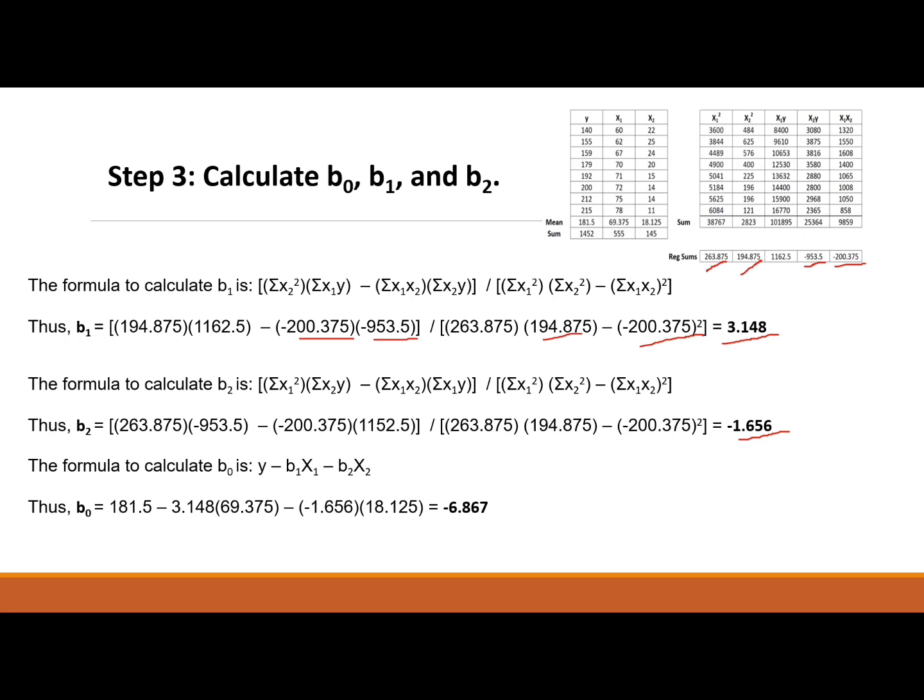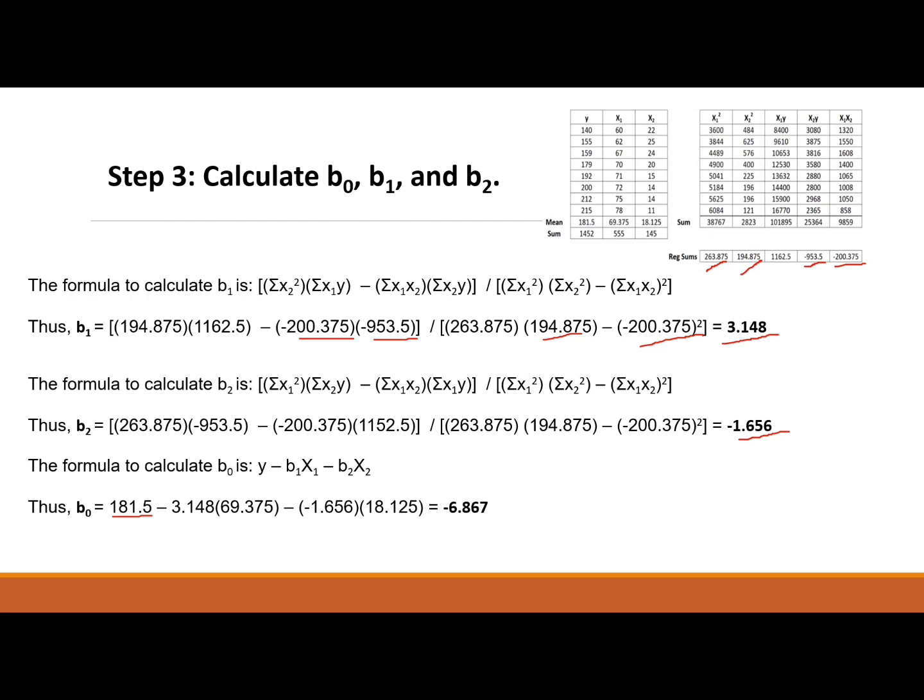Next is the formula to calculate B0, beta 0, which is equal to y minus B1 times x1 minus B2 times x2. So beta 0 equals 181.5. Here is our y, the mean of our dependent variable.